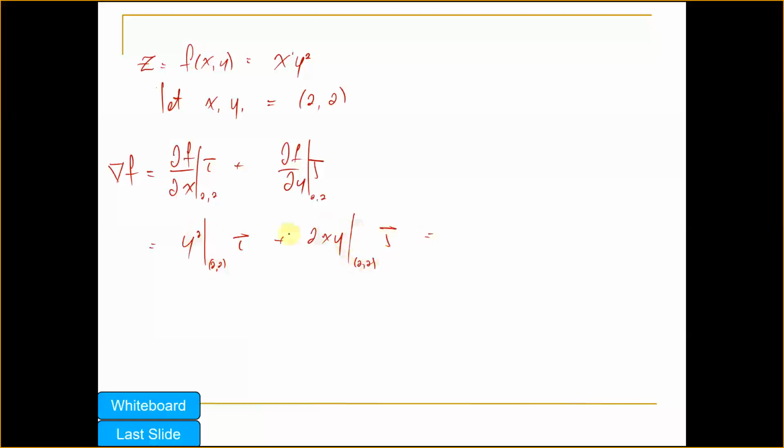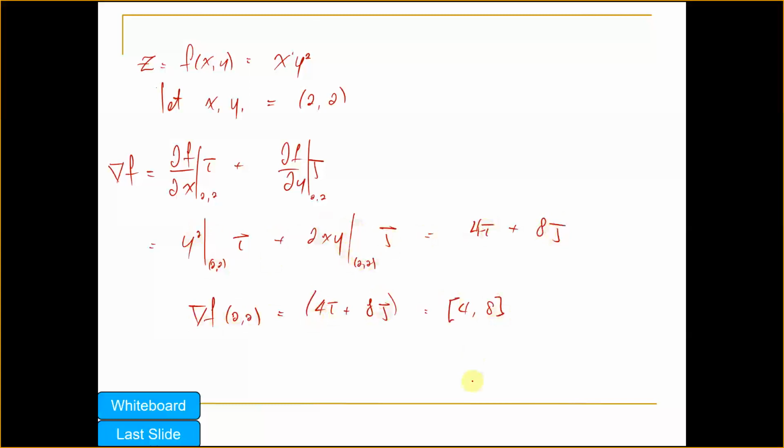And when you plug in the values, this becomes 4i plus 8j. So the grad of the function at 2, 2 equals 4i plus 8j. Otherwise written sometimes we just say 4, 8.